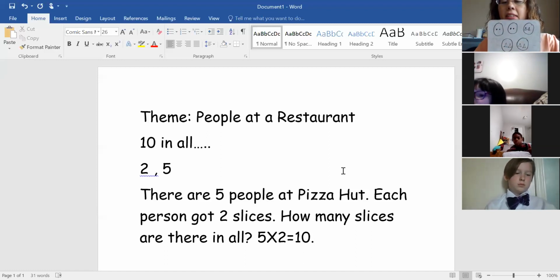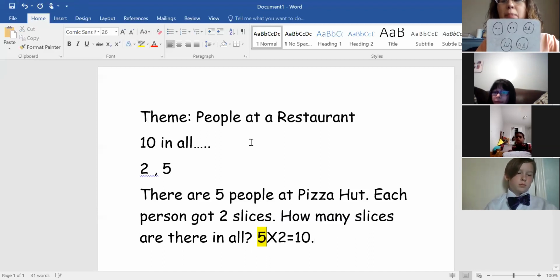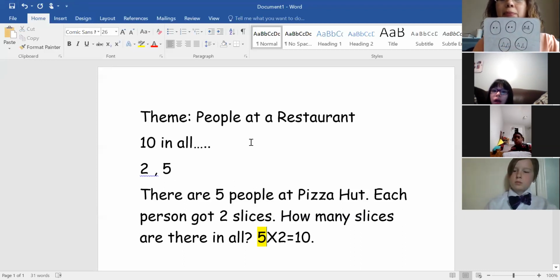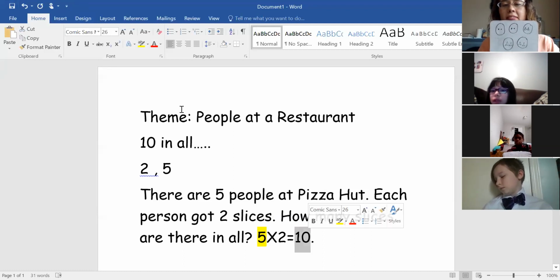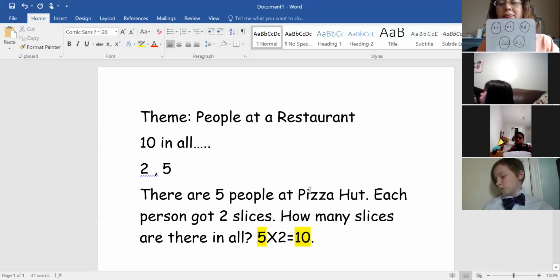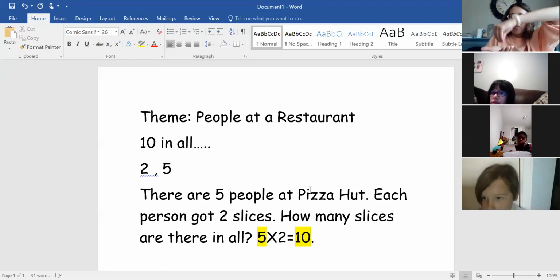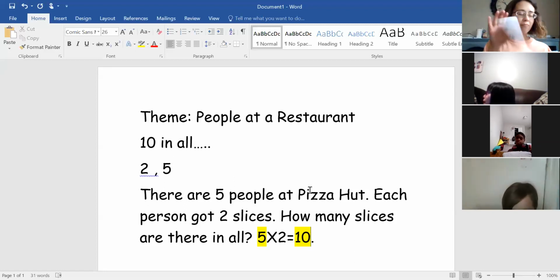Look at it, it's the first number in our equation, 5. How many in each group? 2. How many in all? 10. Perfect. So we're multiplying because we have equal groups and we put some in each group and then we quickly can see how many in all.